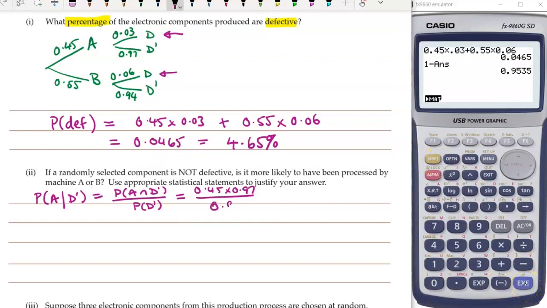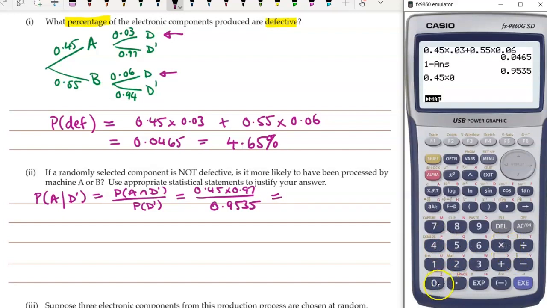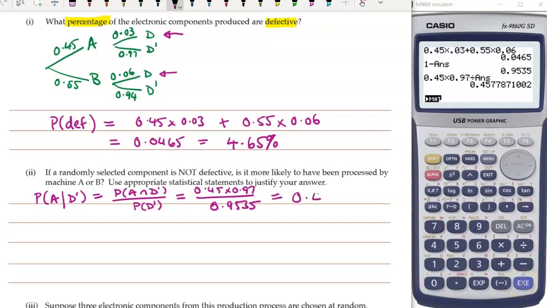So that's 0.9535. And let's work that through. We get 0.4578. Okay, now let's do the probability of machine B given that it was not defective in just the same way.